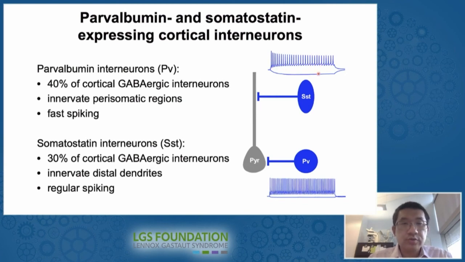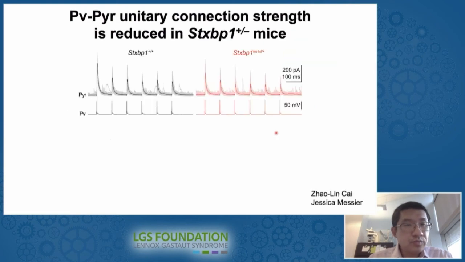So we wanted to know how the heterozygote mutation affects these two types of GABAergic inhibitory synapse in the cortex. For this experiment, we performed paired recordings in brain slices, where we record the excitatory pyramidal cell as a postsynaptic neuron, and then use another electrode to record a parvalbumin interneuron and to evoke action potentials, which is shown here.